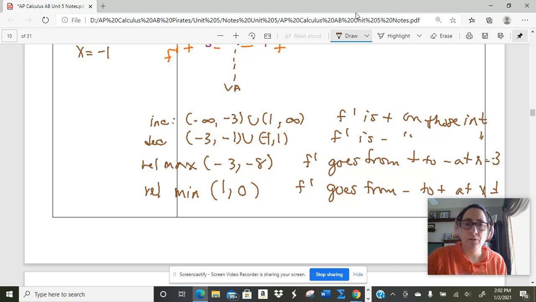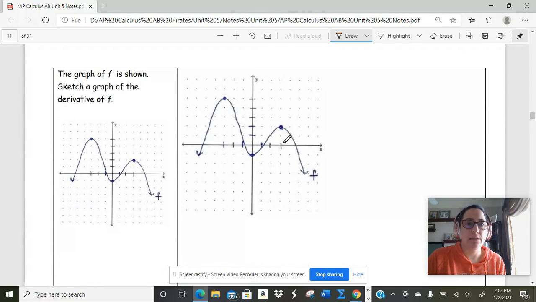Okay, so the last thing we're going to do on this day is I want you to try to sketch a graph of the derivative if I give you the original function. And think about, this is increasing, this is increasing, okay?